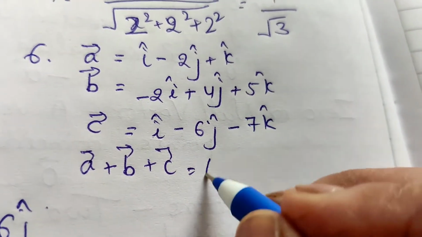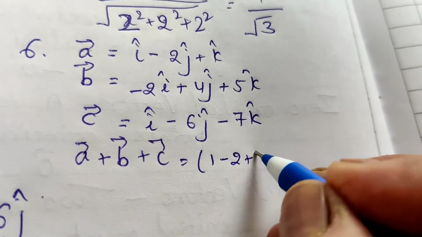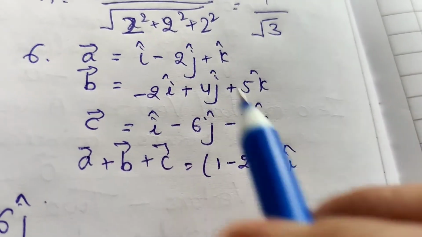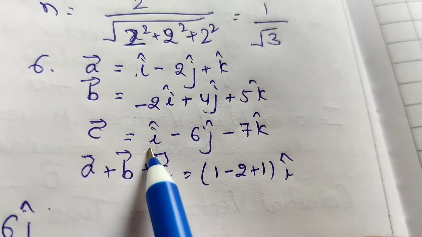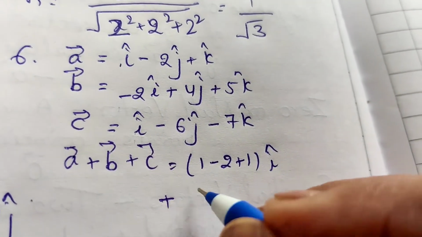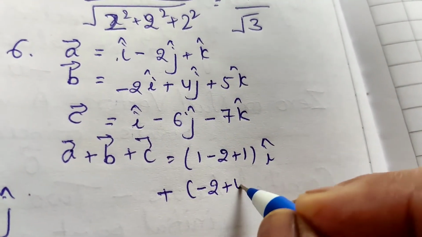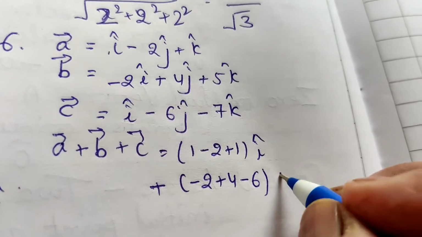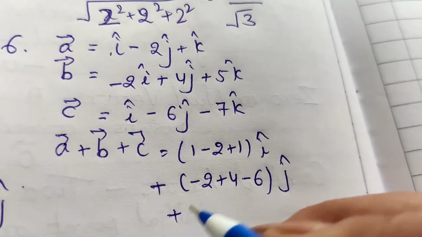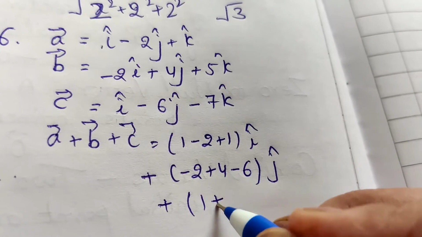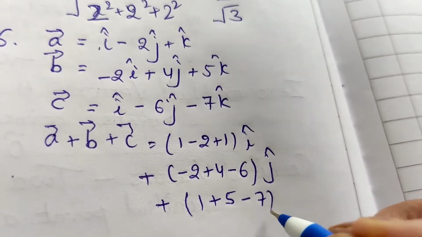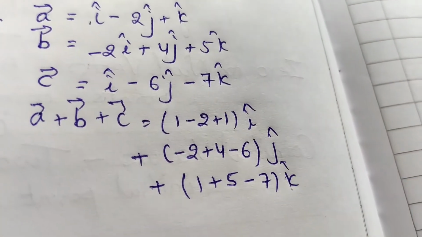Now 1 -2 plus 1i. See, 1 -2 plus 1i. Next j: -2 plus 4 minus 6j. And the k component: 1 plus 5 minus 7k. Okay.